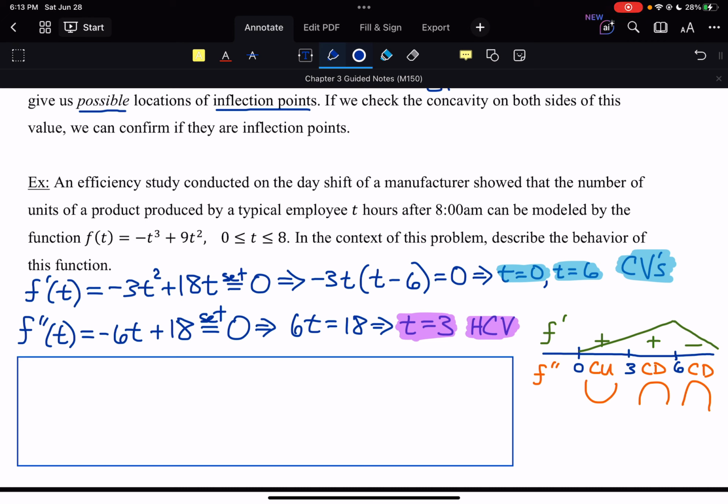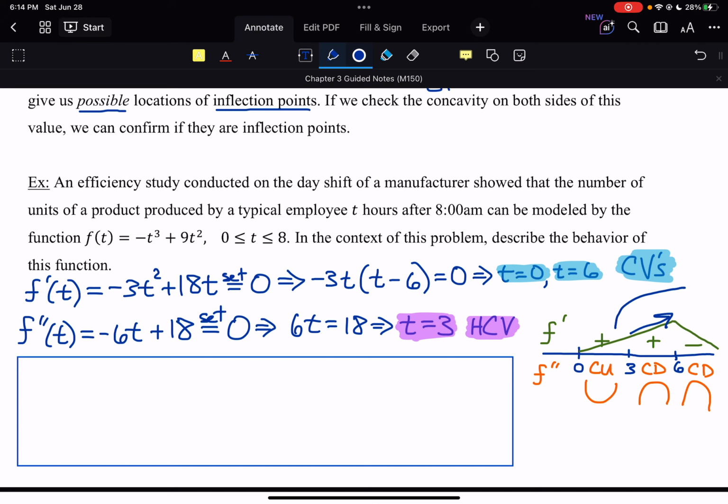And then the second derivative is giving the rate of change of that productivity level. Okay, so this one is increasing and it's concave up, so it's increasing at an increasing rate. So not only is their productivity and their efficiency going up, but it's going up faster and faster and faster. By the time we hit the 3rd hour, so that would be 11 a.m., we still have an increase in production, but it's starting to bend down a little bit.